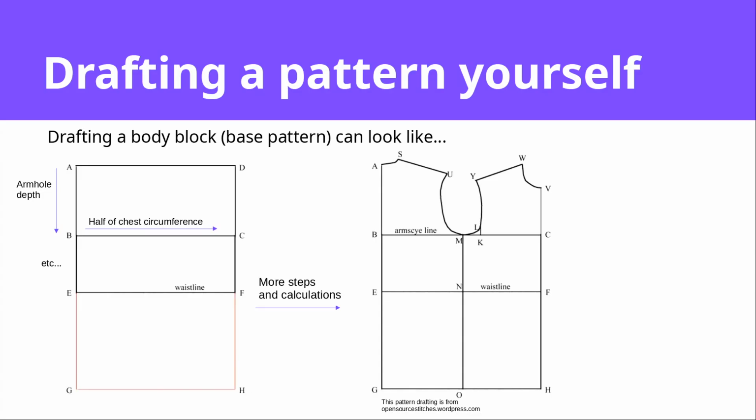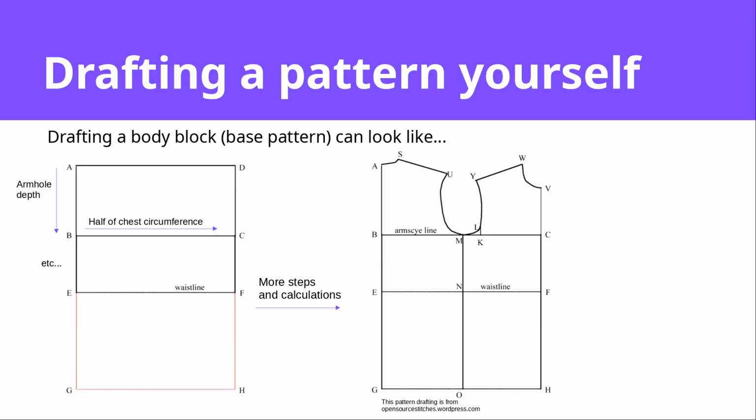So perhaps in that case you would want to try pattern drafting yourself, and then you may end up with something like this. You have all these steps and calculations, and then you start here, and you may end up here. This is a body block, a base pattern that you base other patterns off of. For programmers, this is like your parent class.